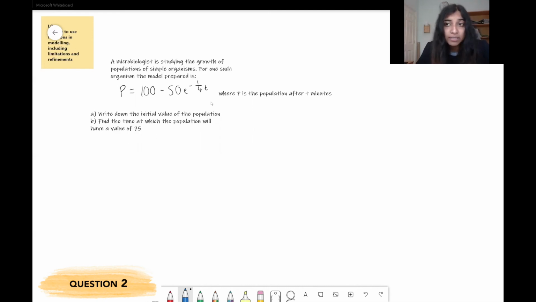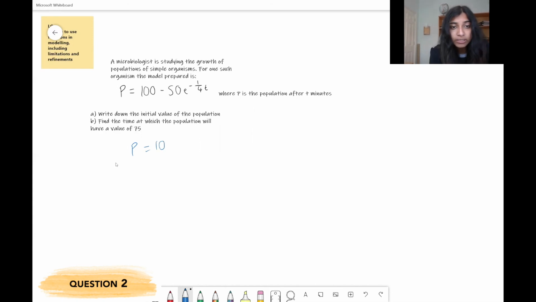You just plug t equals 0 into the equation to find P. So we would have P equals 100 minus 50 e to the power of minus a quarter t, and when t is 0, e to the power of 0 is just 1. So you just have P equals 100 minus 50, which is just 50. So that is the answer to the first part of the question.